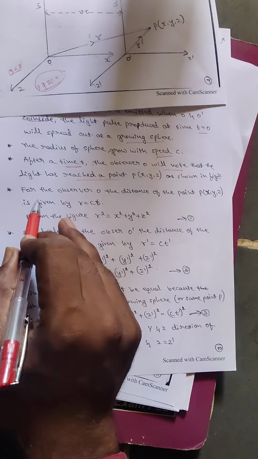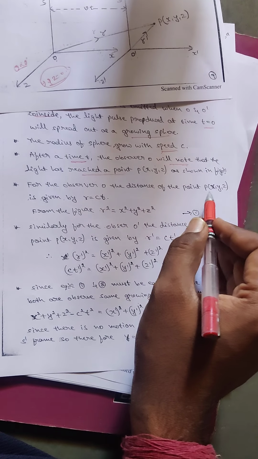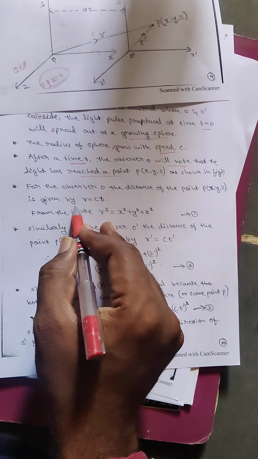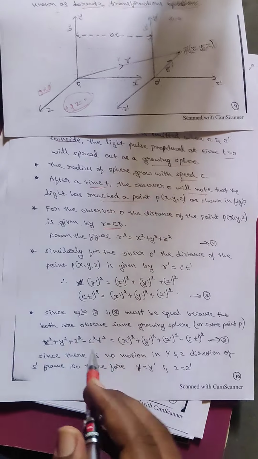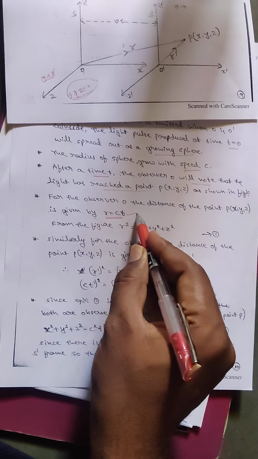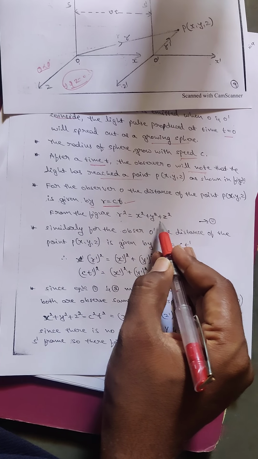Now for observer O, the distance of the point P of XYZ is given by R equal to c times t, where t is time and c is the speed of light. From the figure, R square is equal to X square plus Y square plus Z square.